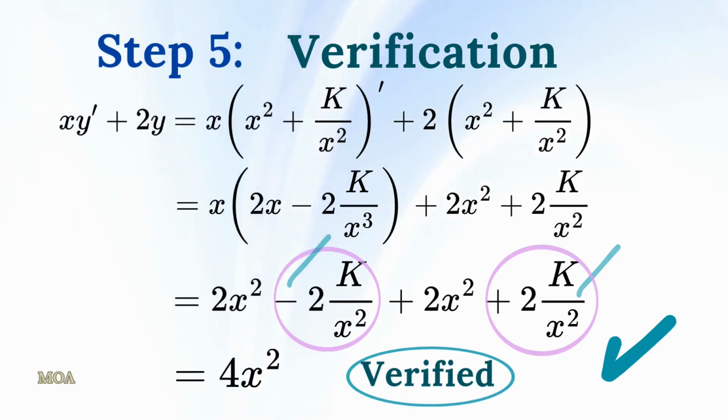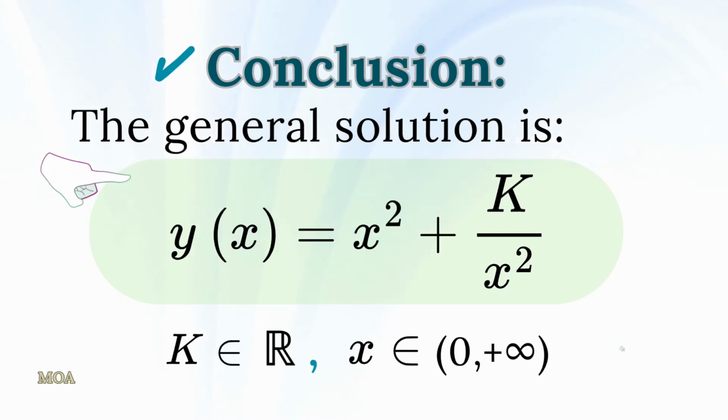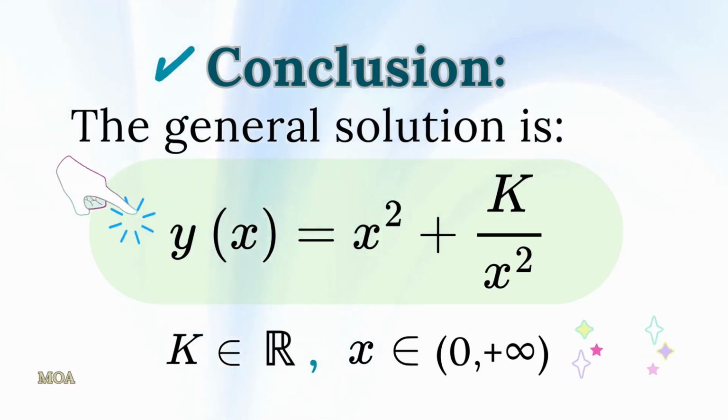This yields x times y prime plus 2 times y equals 4 times x squared, which matches the original equation. Therefore, the general solution is verified. Conclusion: the general solution is y of x equals x squared plus k over x squared, where k is a real constant and x is a strictly positive real number.